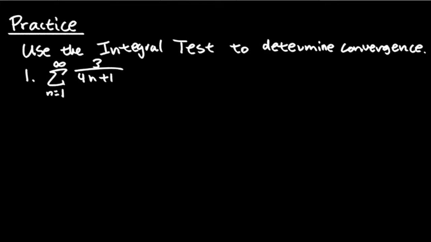Alright, so this we can write as a function, and it will be from 1 to infinity. So 1 because that is 1. So don't just always do from 1 to infinity. The integral of 3 over 4x plus 1 dx. Alright, so this is an improper integral.